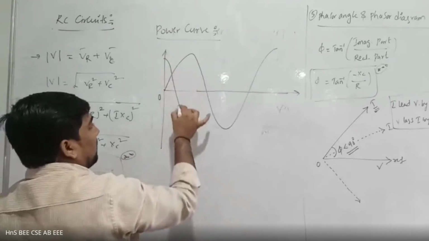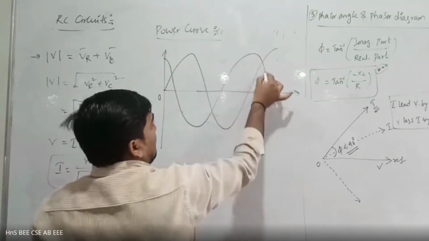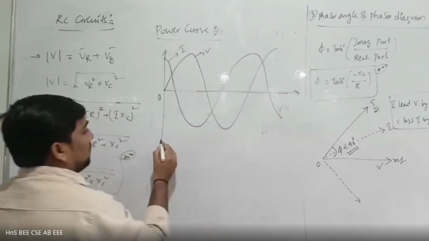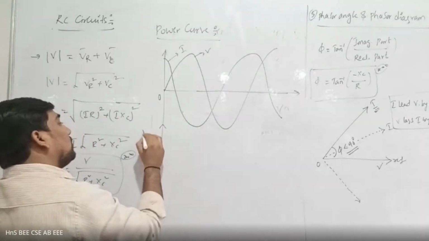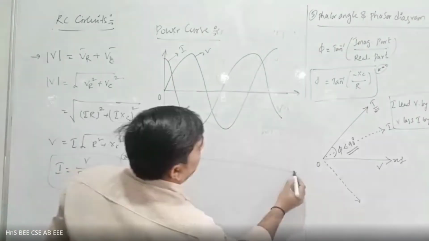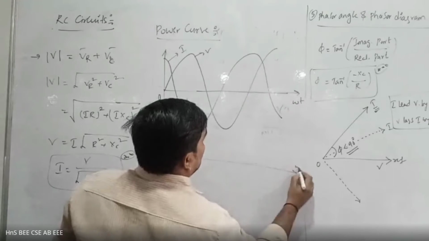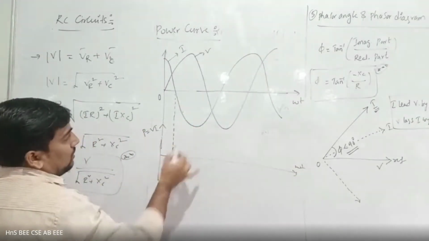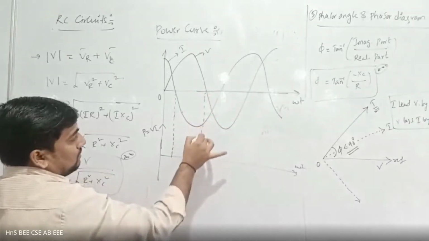This is the leading position of the current. This voltage, this is called current. Now you take power. The power equals voltage into current. Now take the dotted lines from the voltage and current.